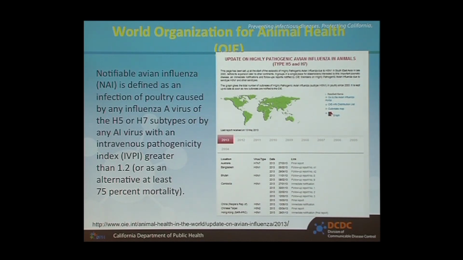Highly pathogenic avian influenza, highly pathogenic means that the birds will die, is reportable, but it's only reportable if at least 75% of your flock dies. So that's a lot of poultry to die before you tell WHO or OIE you're having a poultry outbreak.